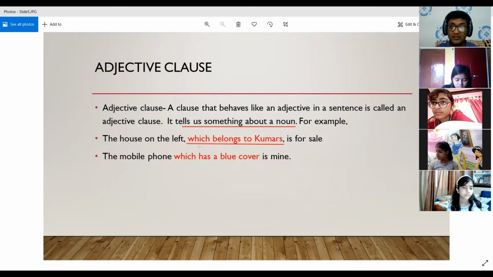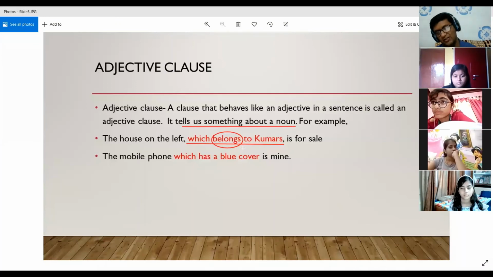And because this word belongs is present, which is a verb, everybody knows belongs is a verb, s is attached to it. So you can see that a verb is present in it. It is describing the house, so it is acting as an adjective, and because the verb is also present, it is acting as an adjective clause. Now see, if you see this part on the left, don't you think this part is the adjective phrase?